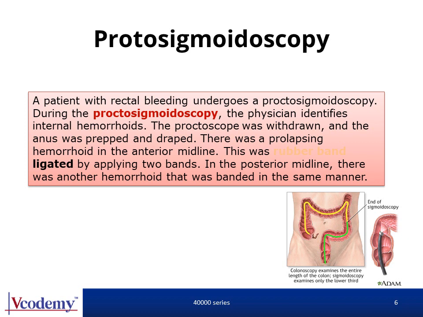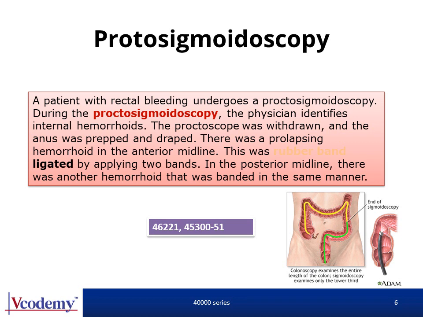So what do you think is the CPT code? 46221, 45300 hyphen 51 modifier is appended. 46221 is for hemorrhoidectomy internal by rubber band ligations, and 45300 is for proctosigmoidoscopy rigid diagnostic with or without collection of specimens by brushing and washing, separate procedure.